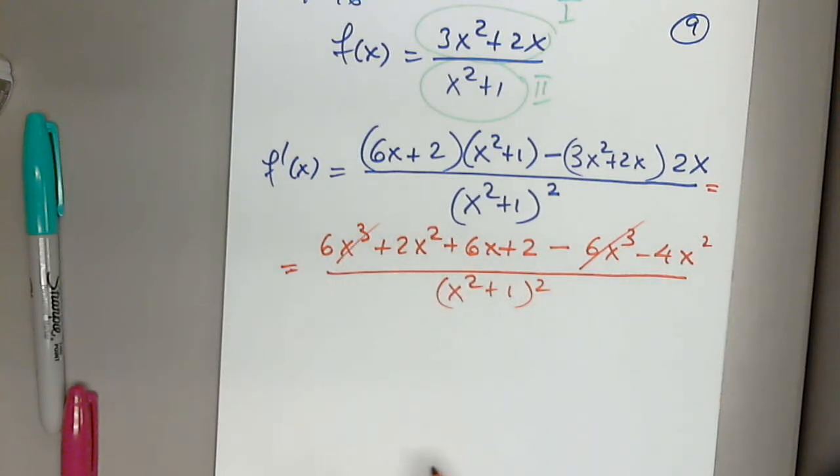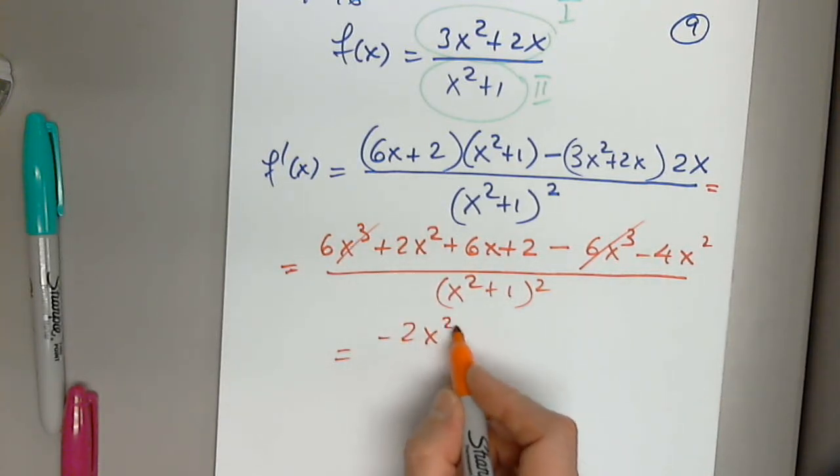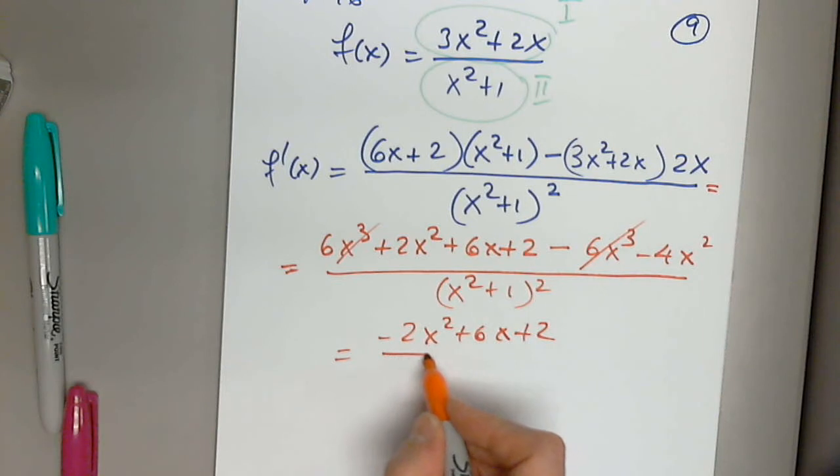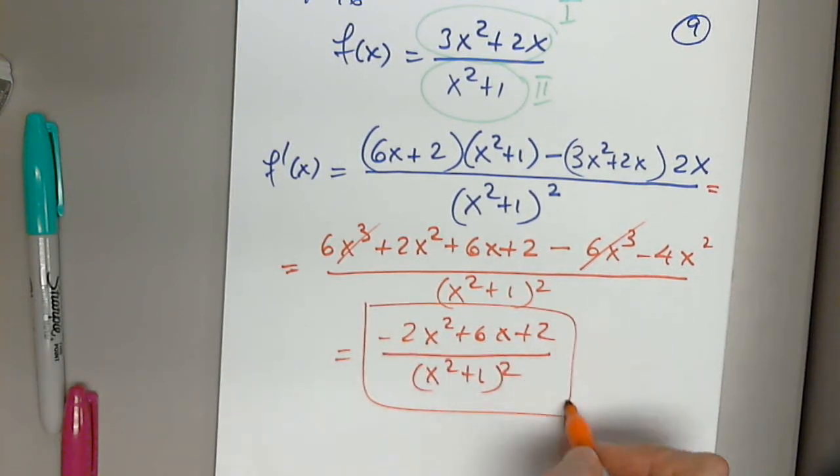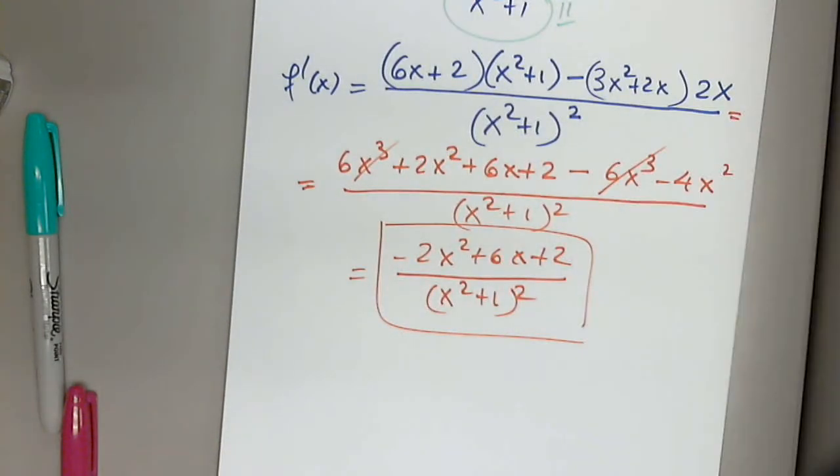These two go away. Negative 2x squared plus 6x plus 2 over x squared plus 1 squared. Yes, I can factor out a negative 2 and simplify a little bit, but there is not much else I can do. Any questions?